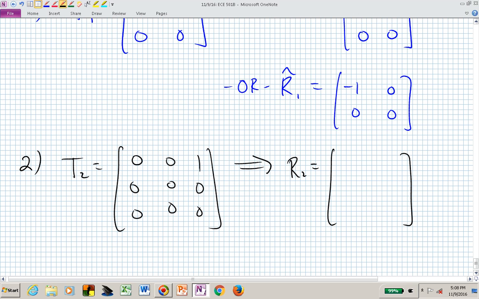Now I just mentally put T sub 2 to the right of that T sub 2 expression. That's saying the first column's the null column. I'm taking 0 times 0 times 0 of all three columns. Second one's a 0 vector. The third column takes the first column of T sub 2, and that's all 0. I get the null matrix, don't I? So it has to be something a little bit more interesting than just T sub 2 for R sub 2.